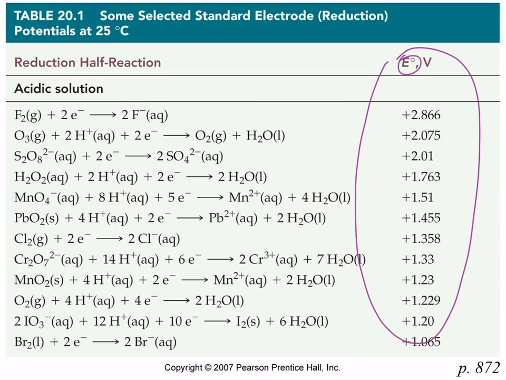This really should say E0 red, because they're all reduction half cell potentials. How do I know? Notice that we're adding electrons and something's being reduced. Fluorine's a good example, going from 0 to -1. They're all reduction half cell potentials. So that's the first page.